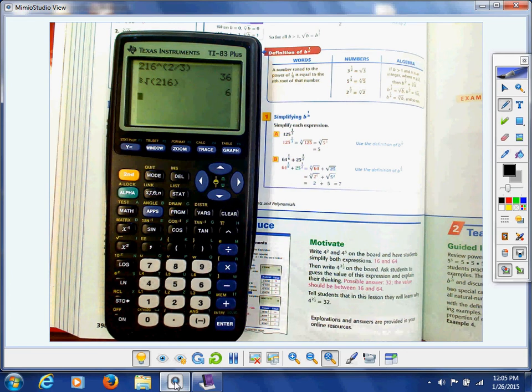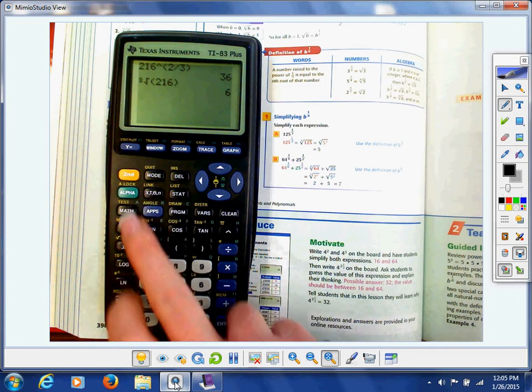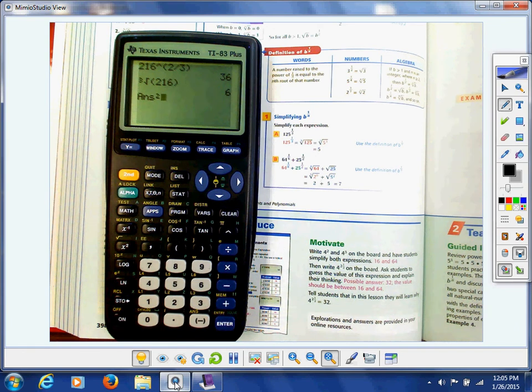Now the cube root of 216 is exactly 6. Now what we want to do is square that. So we want to take our answer, hit the x squared button. Remember that x squared button? That'll square anything you want. And then hit enter. And see, we got the same exact thing. We did it 2 different ways, but got the same exact answer.